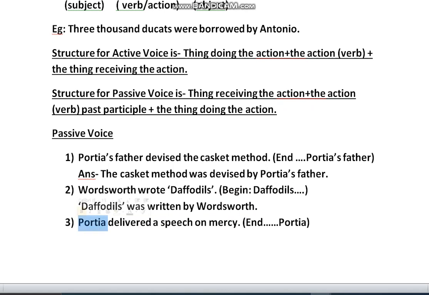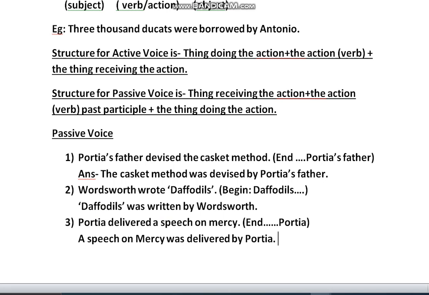So this is the subject, delivered is the verb, the action, and a speech on mercy is the object. So we begin, a speech on mercy was delivered by Portia.